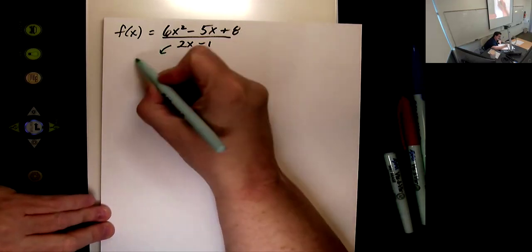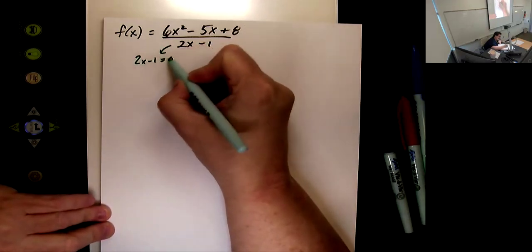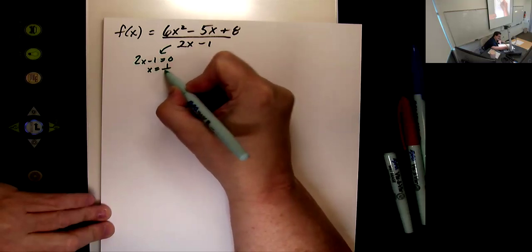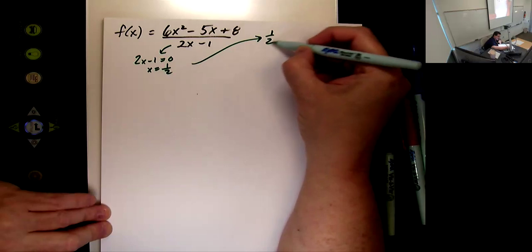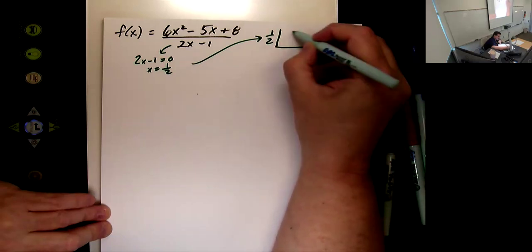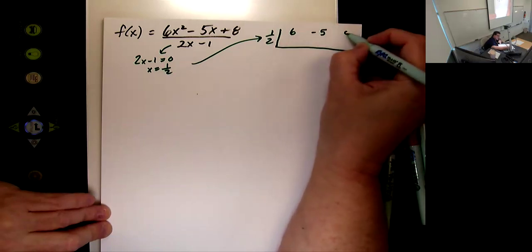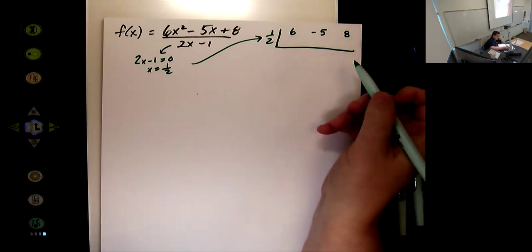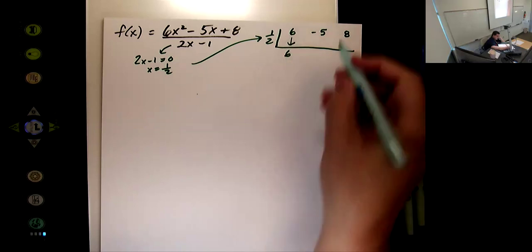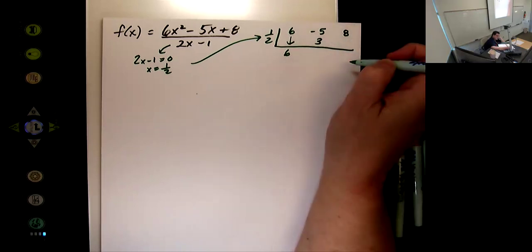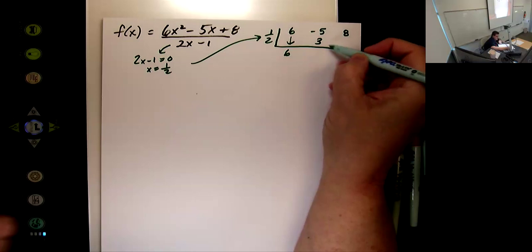So here I would set this equal to 0 and solve, and we would get x equals 1/2. And that would be what goes on the outside of the synthetic division. So bring the 6 down. 1/2 times 6 is 3. -5 plus 3 is -2.